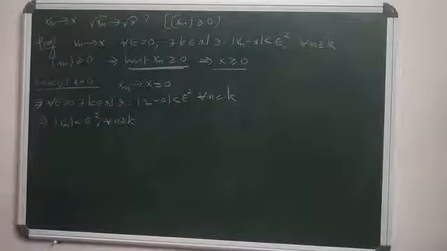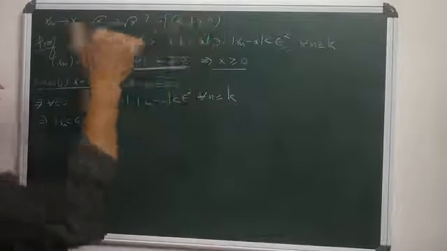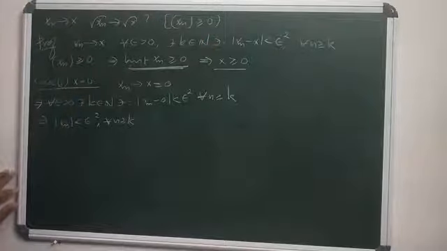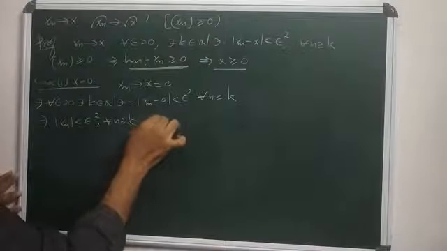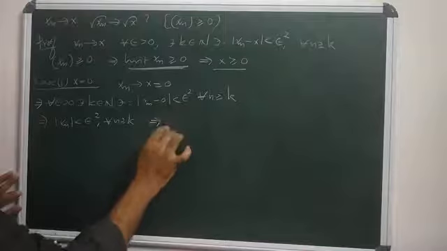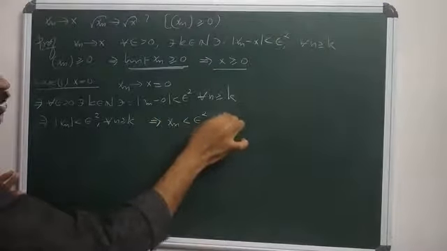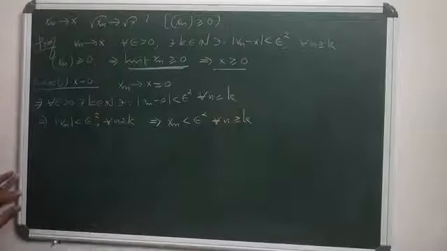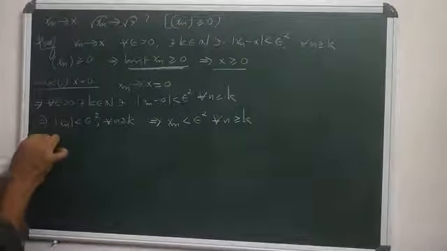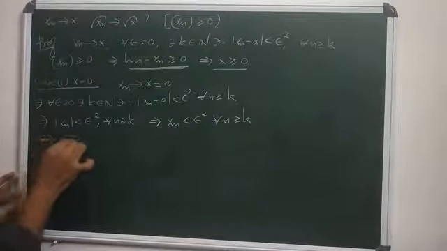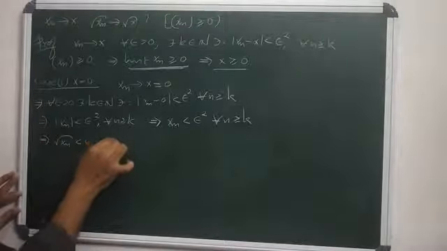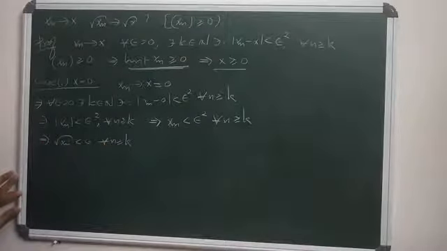Now listen, what is xn? It is a sequence of non-negative reals. Since xn is a sequence of non-negative reals, |xn| means simply xn. So xn < epsilon squared for all n >= k. xn < epsilon squared means root xn < epsilon for all n >= k.